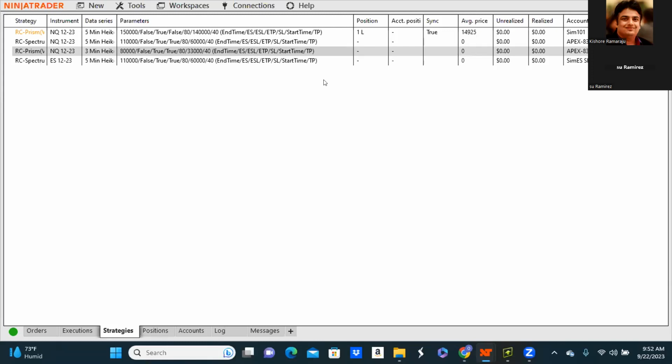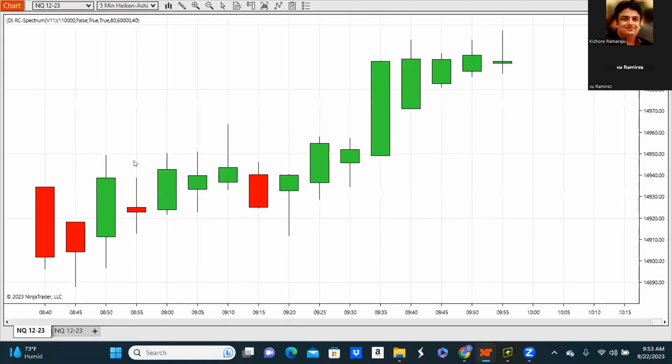If somebody wants to buy QQQ puts, you can take some QQQ puts now, or just give it another 2 to 3 minutes, and once that red candle gets closed, maybe you can share the chart again. You can put it on Prism.